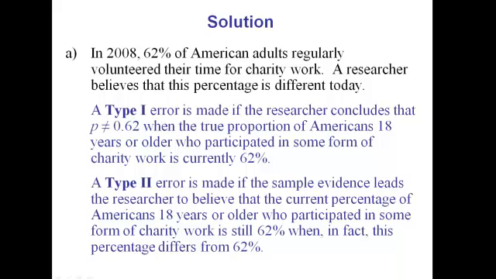So a type 1 error would occur if we concluded that the true proportion P were not equal to 0.62 when in fact it really was. However, if the true proportion P had changed and was in fact different than 0.62, then a type 2 error would occur if we failed to reject the null hypothesis and conclude that the true percentage had changed.